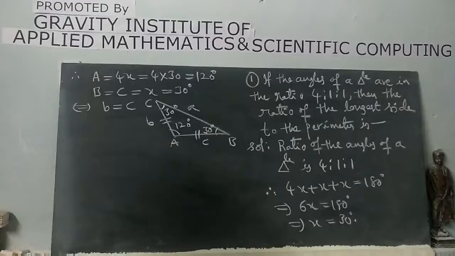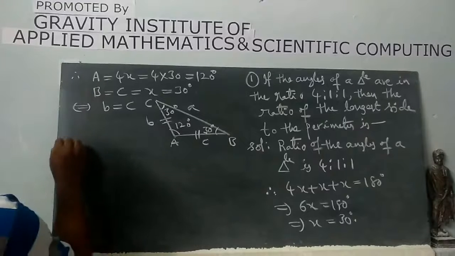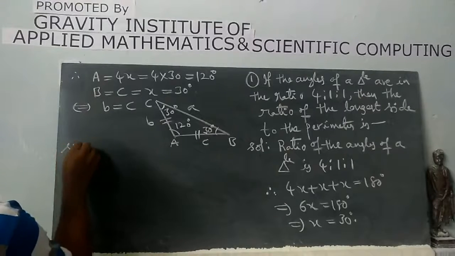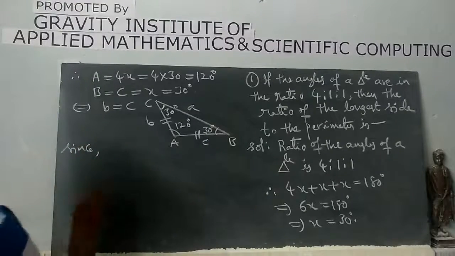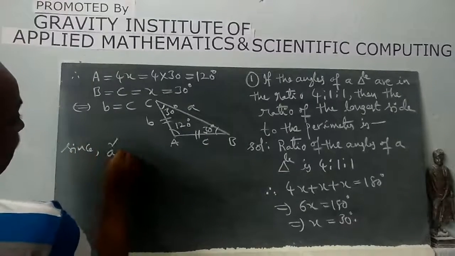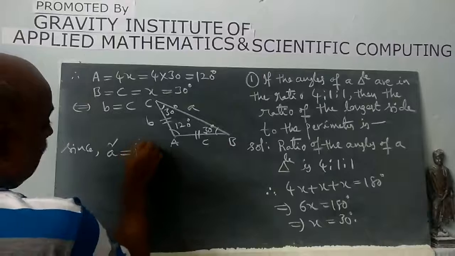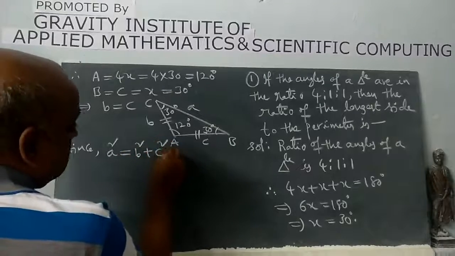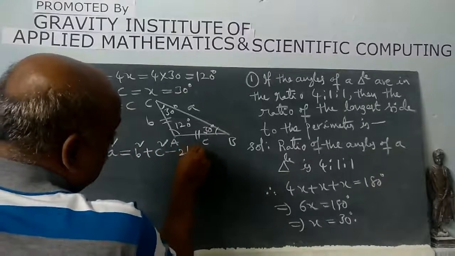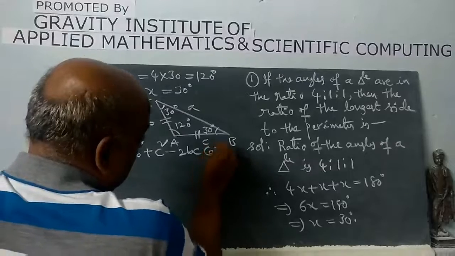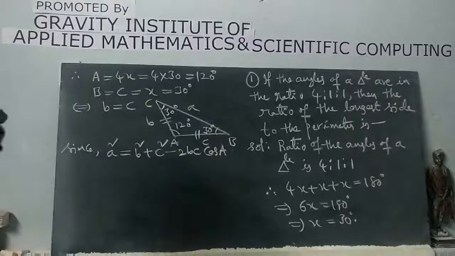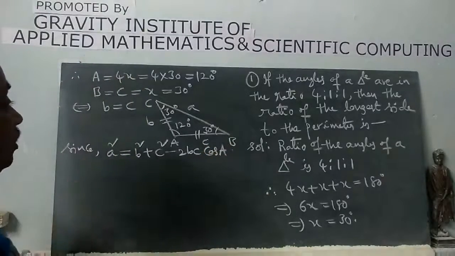Next, since a square is equal to b square plus c square minus 2bc cos A. This is the cosine rule.